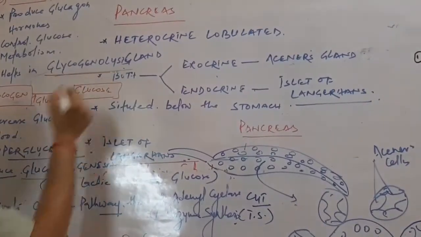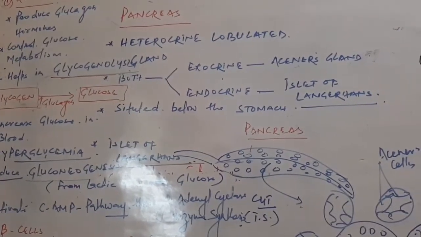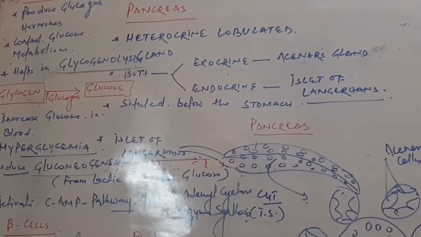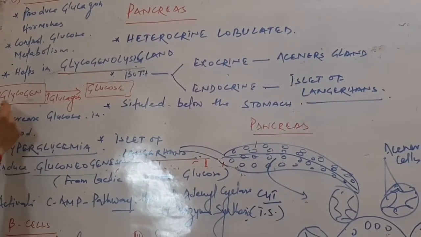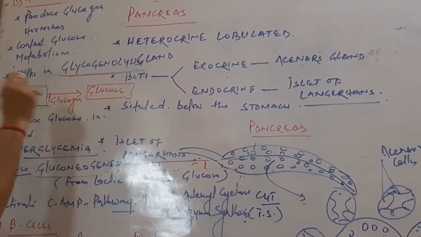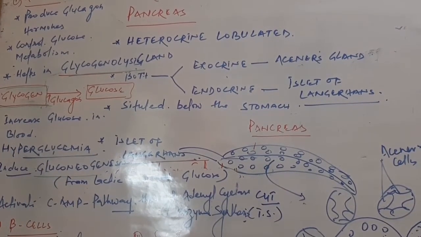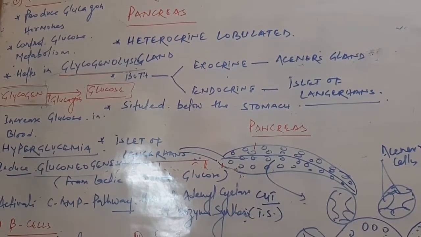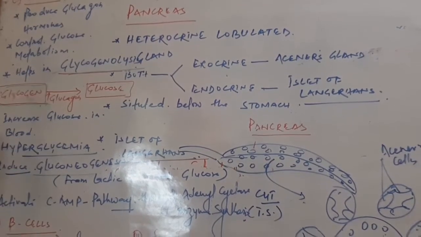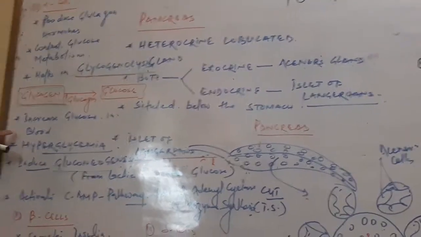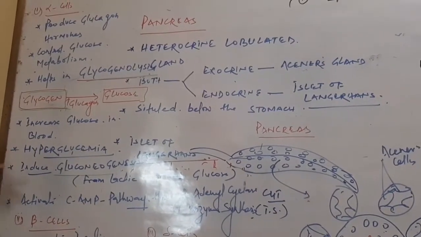Glycogenolysis is just the breakdown of glycogen, where glycogen is split into glucose. So this hormone helps in increasing the glucose level in blood, and it causes hyperglycemia.